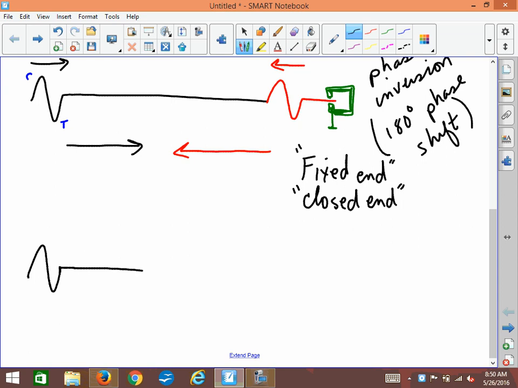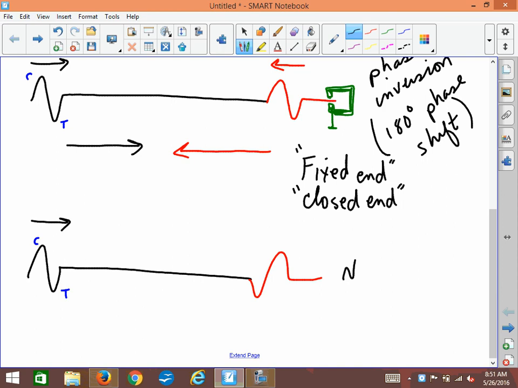This wave could be moving in like this, and again, we'll notice that it's leading with a trough, followed by a crest, and it's moving in this direction through the medium. And what can happen, or what would happen, if the end of the string was not fixed or was free to flap up and down or vibrate, is that the wave would reflect, but there would not be a phase inversion.